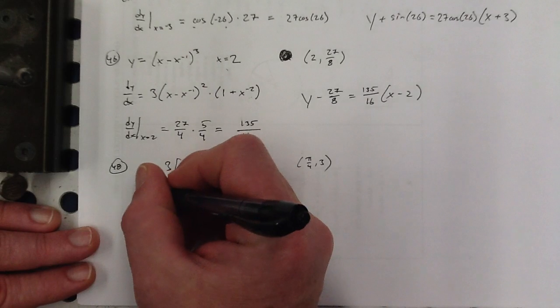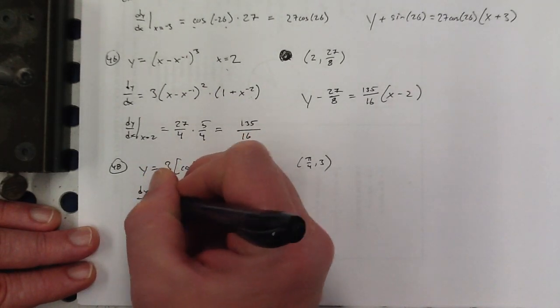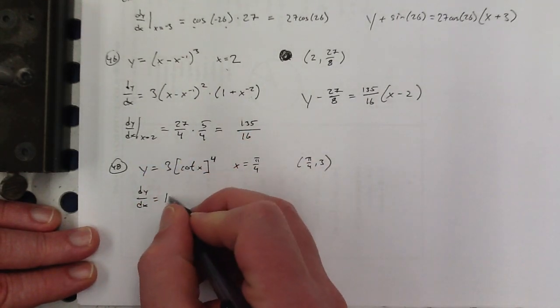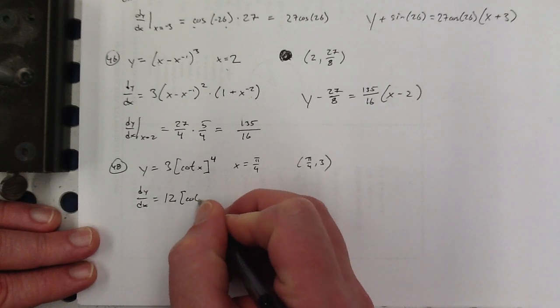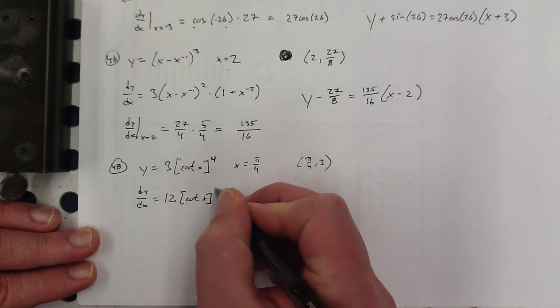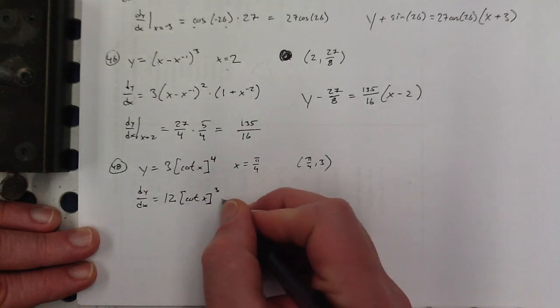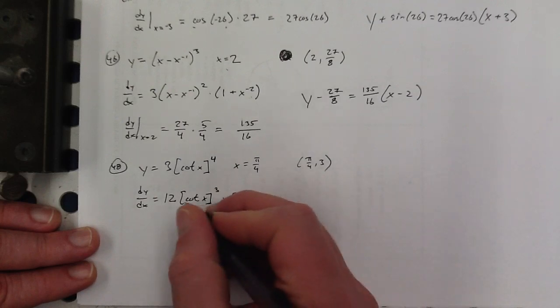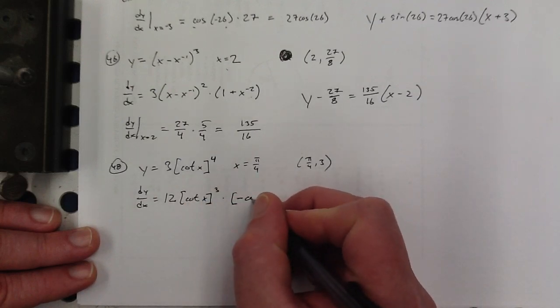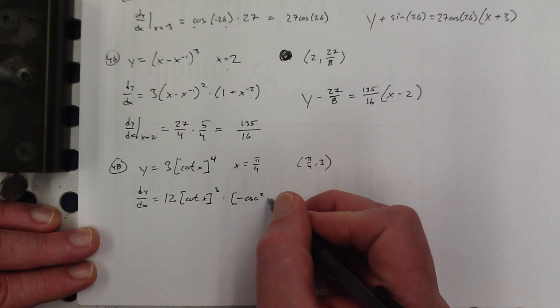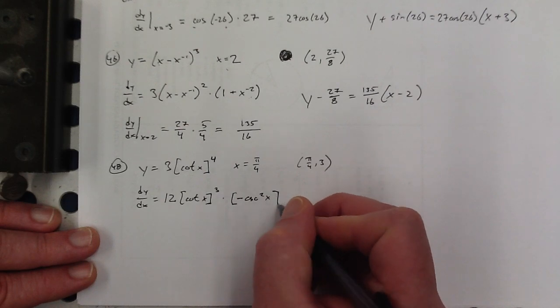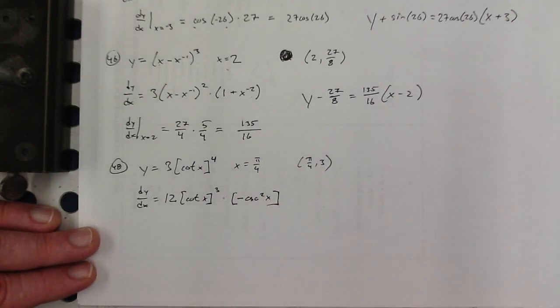The derivative of this, so I can find the slope, is 12 times that to the 3rd, times the derivative of what's inside, which is that.